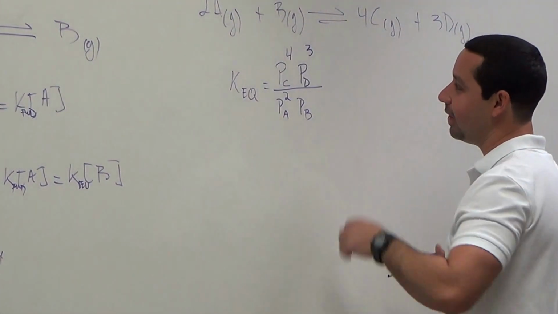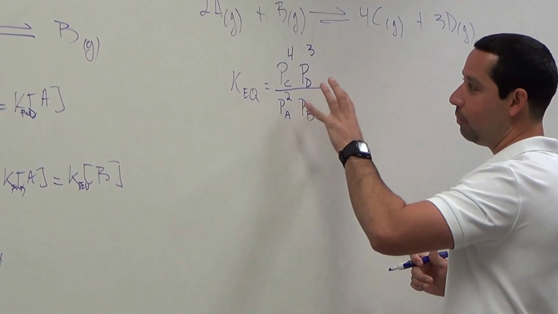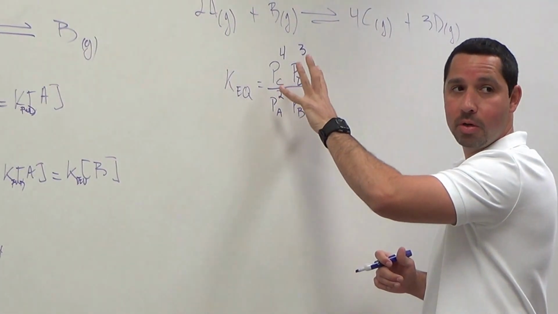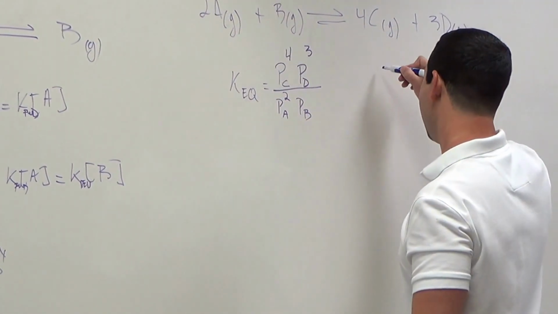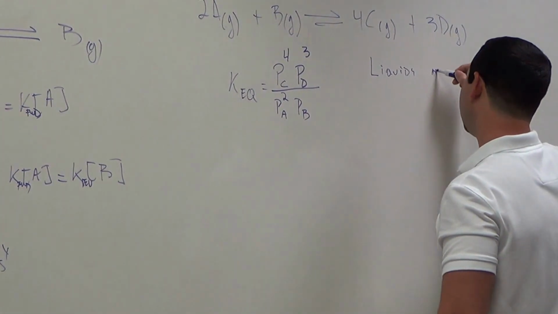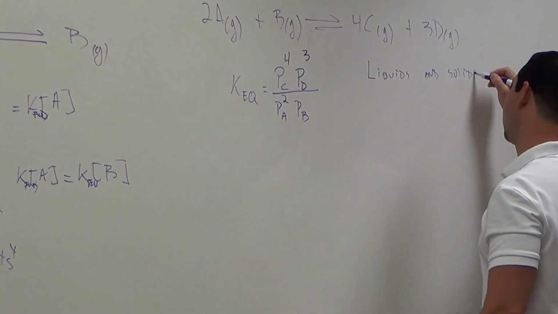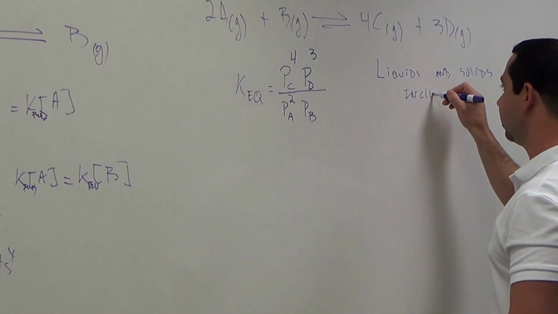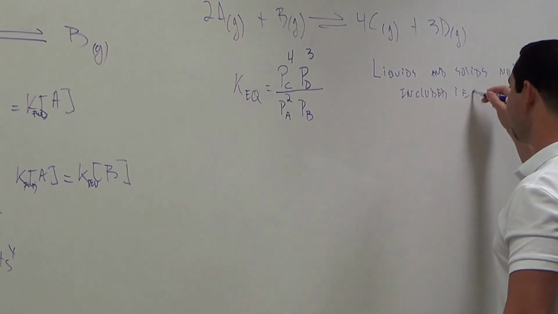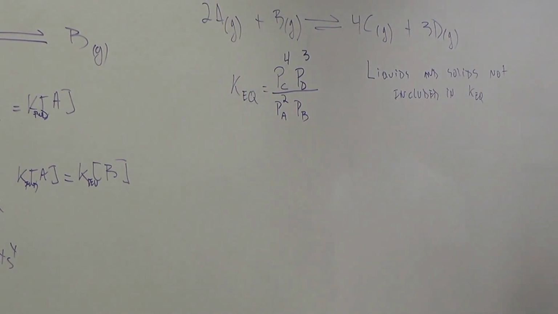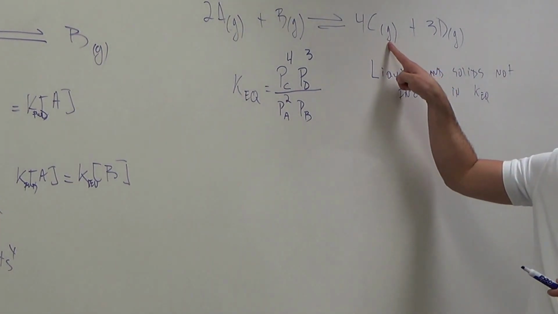Alright, so here's what we're gonna do. We're gonna calculate the equilibrium constant only if we have what? Equilibrium concentrations, yes? Now, liquids and solids are not included in the equilibrium expression. So let's say this is an L here.